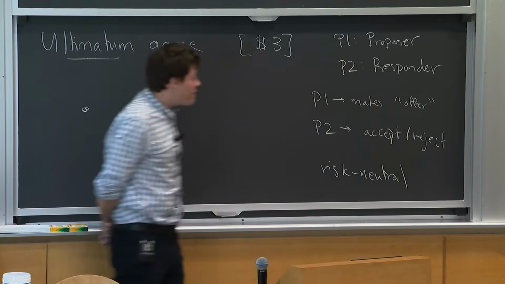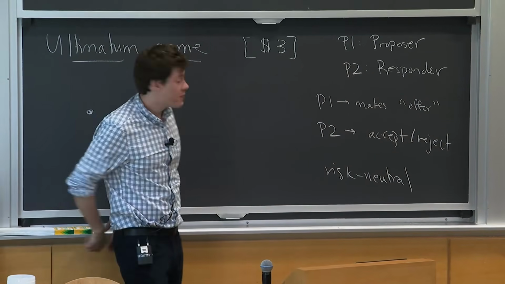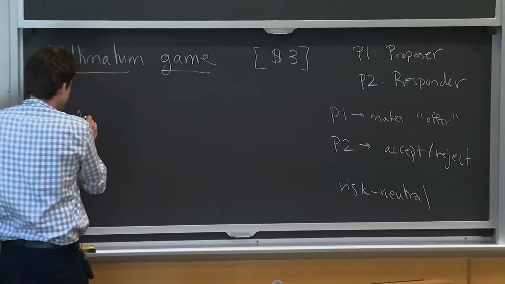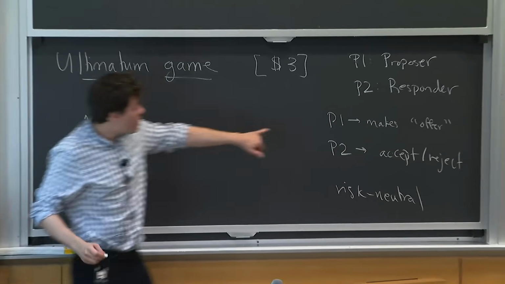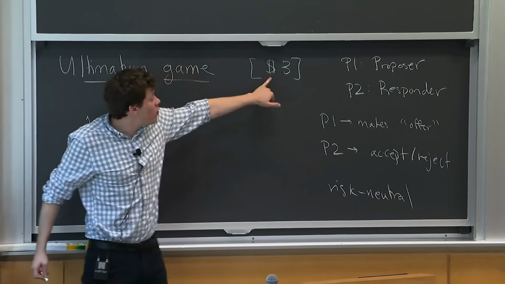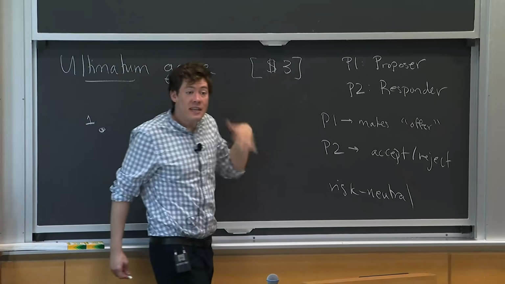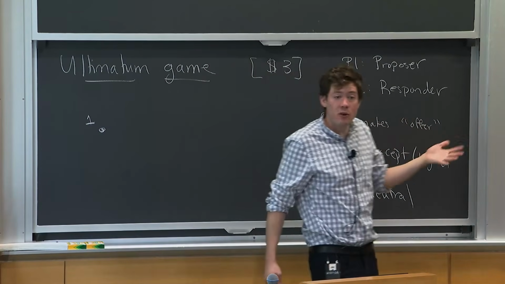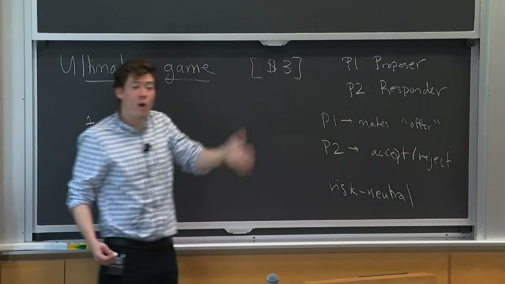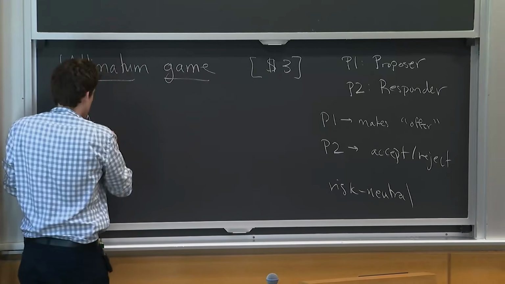So let's try to represent this game in the extensive form. So first we have player 1. And how much can they offer to player 2? Well, we'll assume that they can only make offers that are in even dollar amounts, just to make it a bit simpler. So they can either offer 0, 1, 2, or 3.